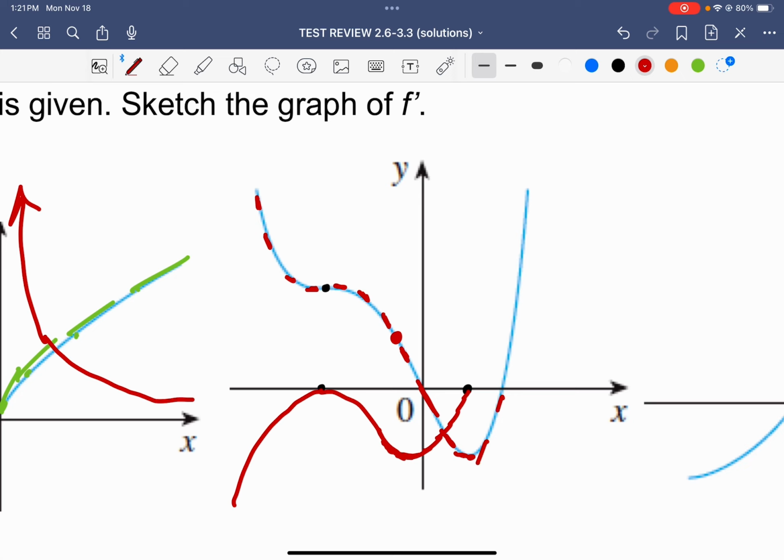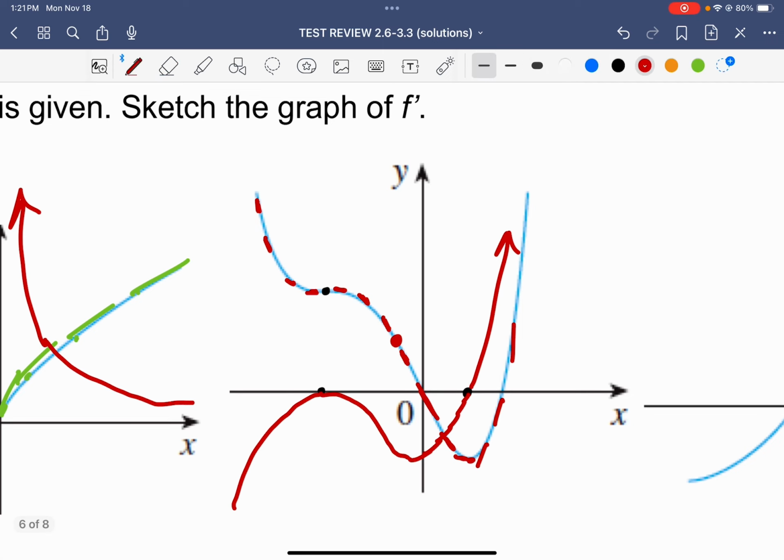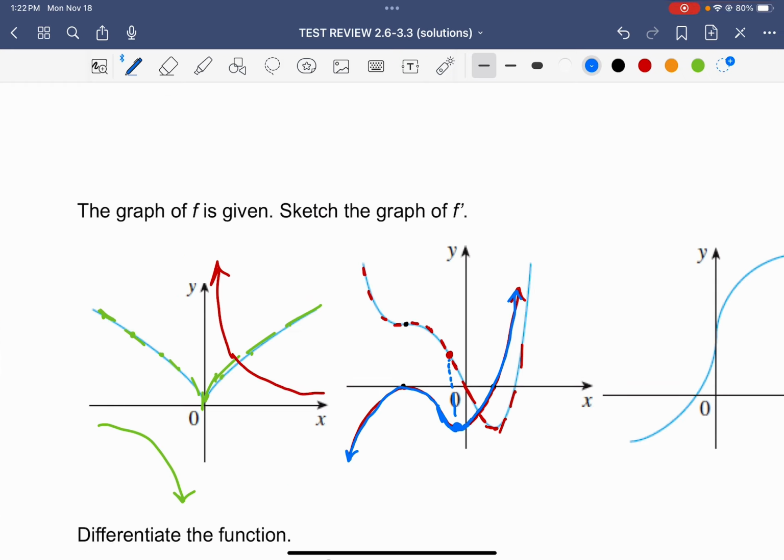And then small positive, bigger positive, huge positive. Looks like it does that. Okay? So just to make sure we're clear, this goes this way. There you go. So this inflection point should match up with a minimum in the first derivative. Okay? It's the most negative it ever goes.